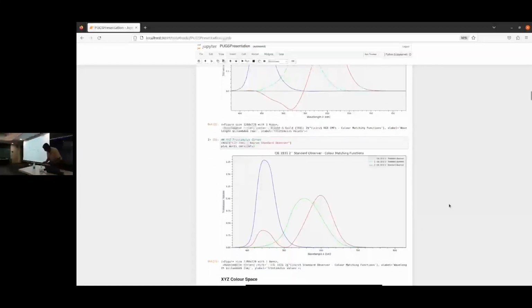And with that algebraic transformation, we obtained these XYZ curves or color matching functions. And these became the basis of the small x, small y that we saw on the first diagram. XYZ were derived by a simple linear combination of RGB.